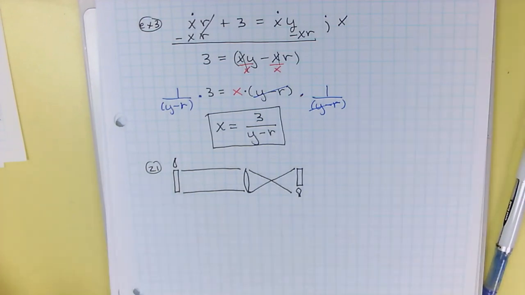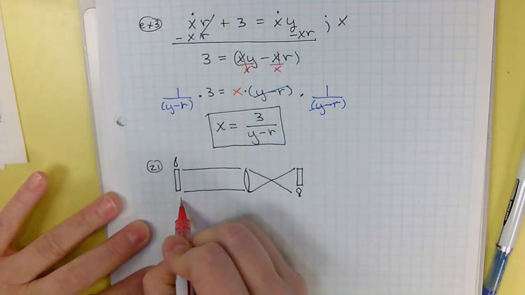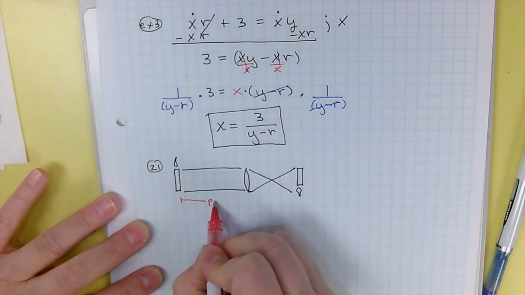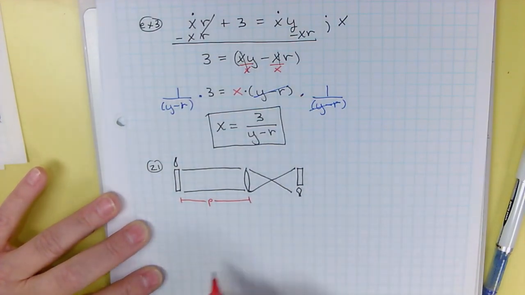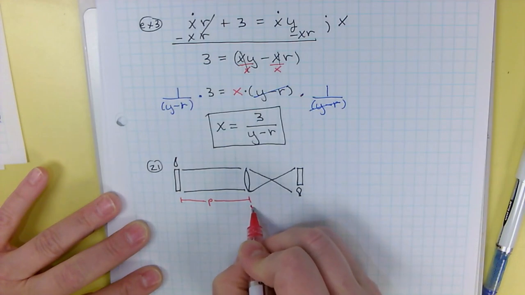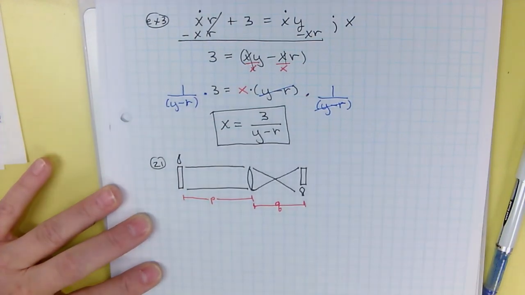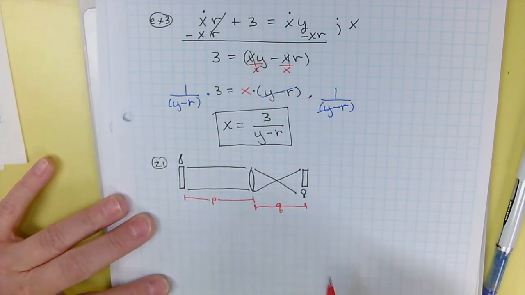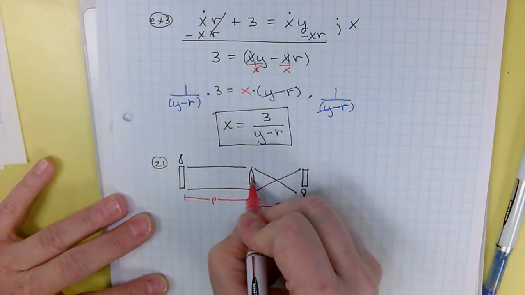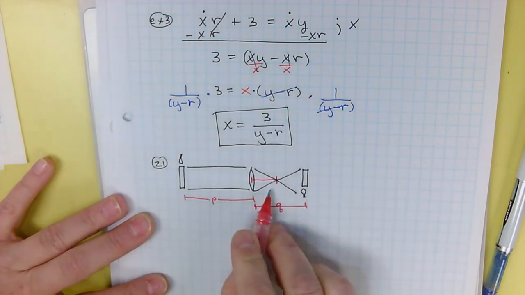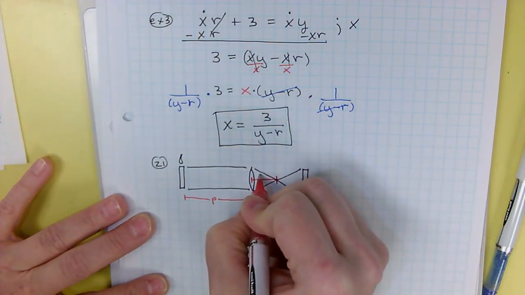So in this setup, the variable P is the distance from the object to the lens. The variable Q is the distance from the lens to the image of the candle, the upside down image. And the focal length is from the lens to the point where the image is flipping over.